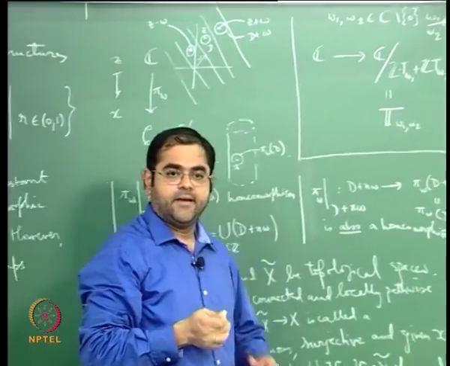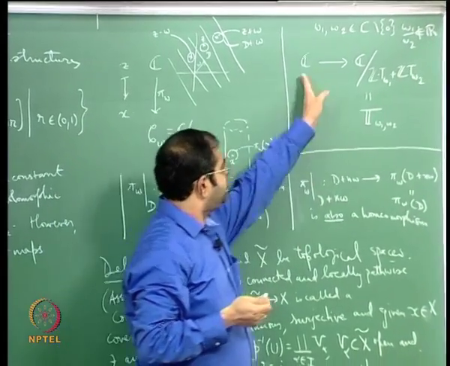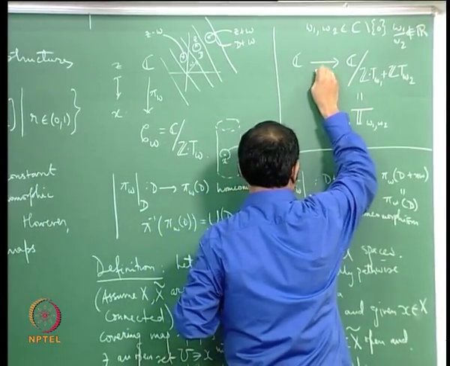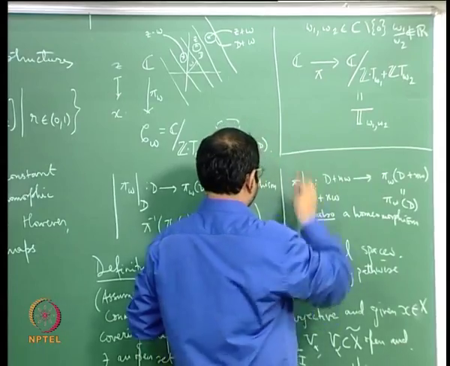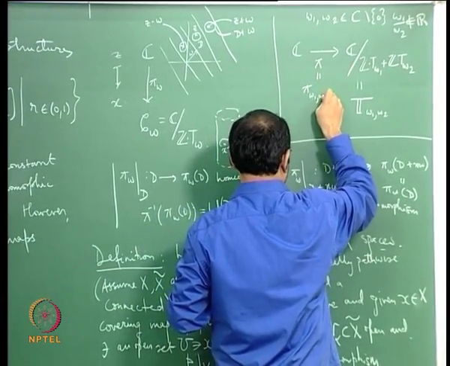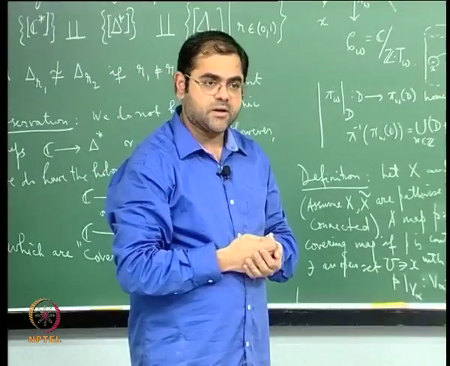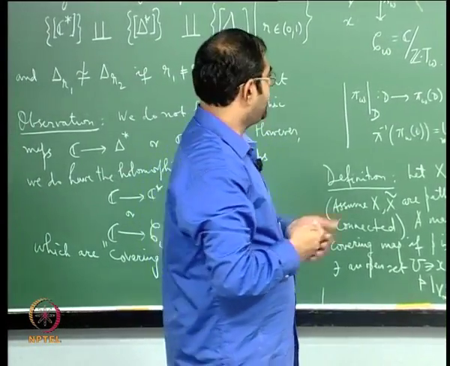Okay, and in this situation also, if you call this map pi, which depends on omega 1 and omega 2, then you can check that this is also a covering space map in exactly the same way.